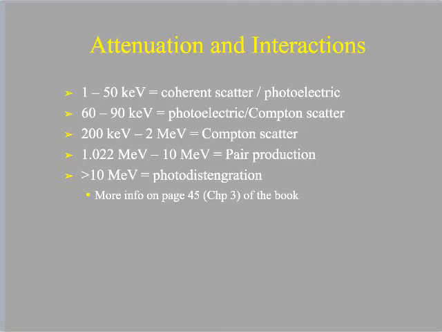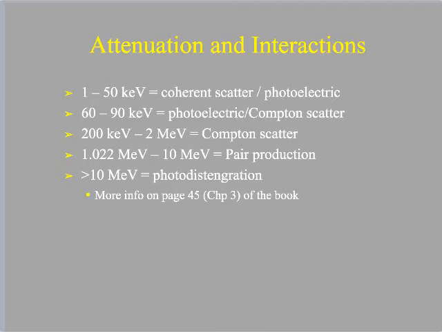As you go down the list, you see in kilo-electron volts what the photon's energy is, it's increasing, right? And eventually we get into the mega-electron volt range, right? And as that energy increases, the overall predominance of certain interactions statistically increases or decreases, right? And that's really important for us to understand.